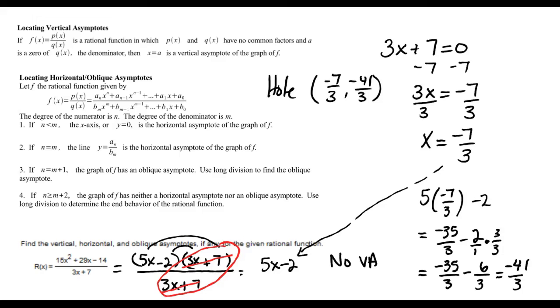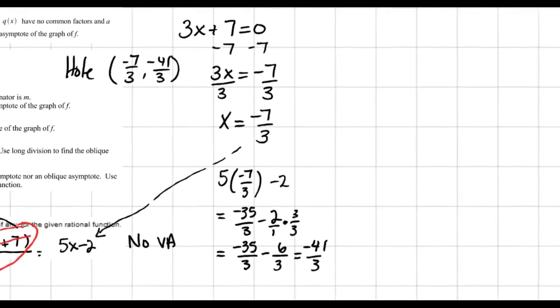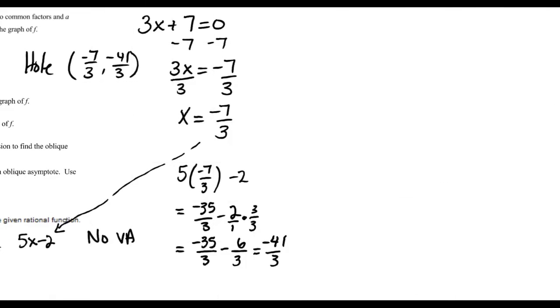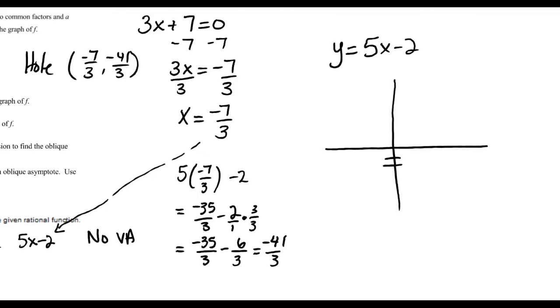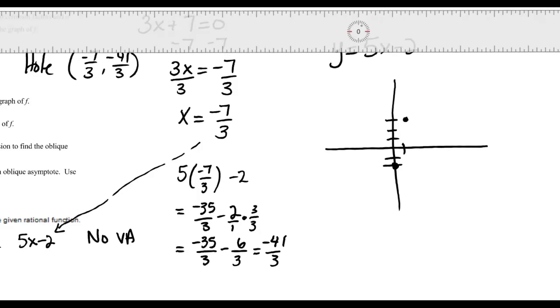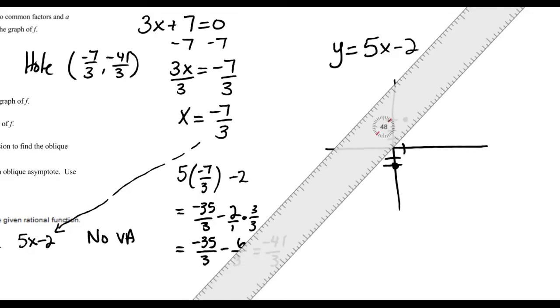So this particular graph is pretty easy to draw. Because our simplified rational function is 5x minus 2, that's a straight line, has a y-intercept of negative 2, a slope of 5, so I'm going to rise 5, 1, 2, 3, 4, 5, and run 1. And I'm going to use my ruler to draw a straight line.